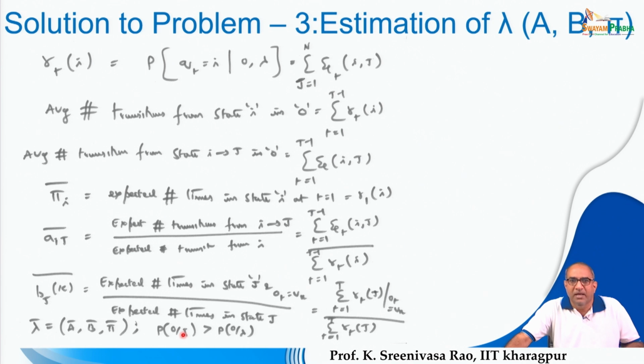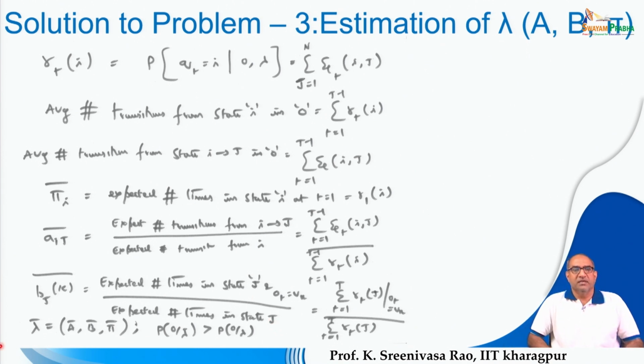The new P of O given lambda bar should always be greater than the older one. So, as long as this is improving, we continue the iterations, and whenever the improvement of P of O given lambda bar compared to P of O given the previous lambda is not significant, at that time you can stop and say that the parameters are optimized.